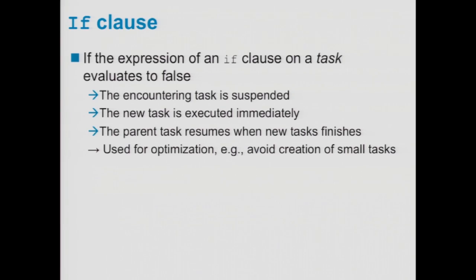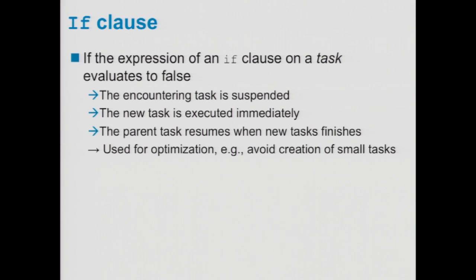When you start using tasks, because of the way you use them, there is a problem with potentially creating too many tasks. For example, there's a simple mathematical problem of calculating Fibonacci numbers. It has a very nice little formula that says a Fibonacci number is the sum of previous Fibonacci numbers, and you can create a huge tree and create tasks to compute prior numbers, and eventually you create a lot of tasks.